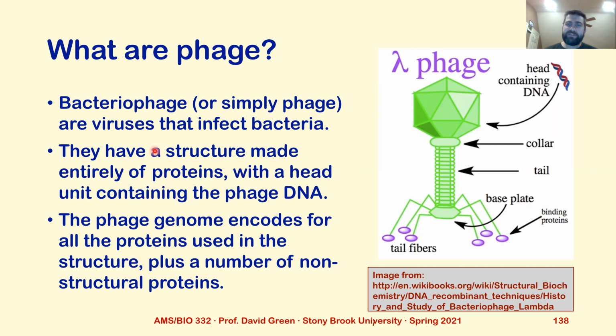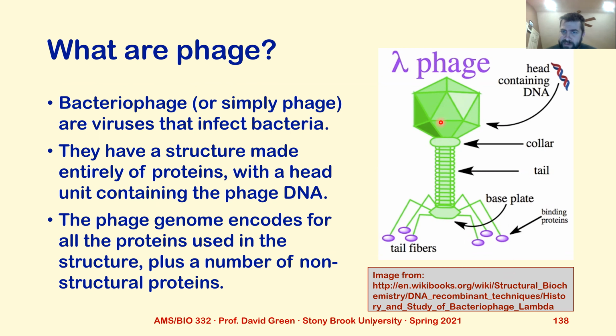And they all have a structure that is entirely made up of a relatively small number of proteins, with a head unit, as shown here, that has DNA trapped inside it, the DNA, the genome of the phage, and then some other proteins, for example, tail proteins and some fibers that help attach to the target cells.